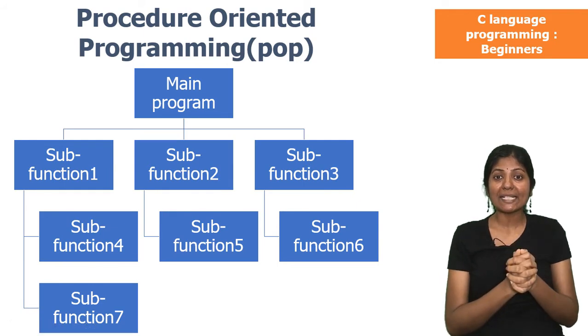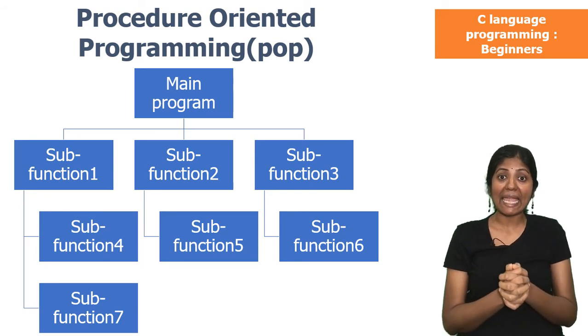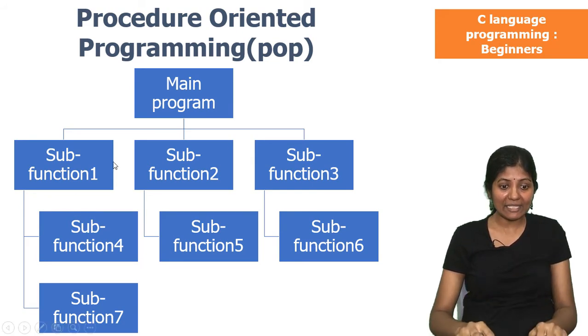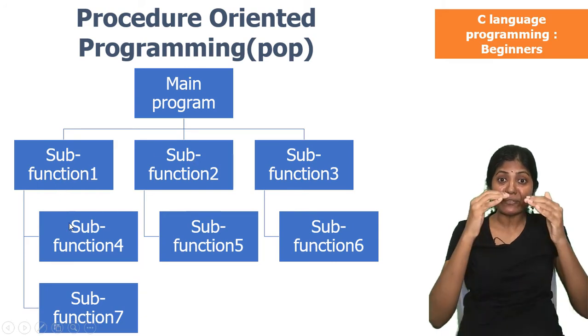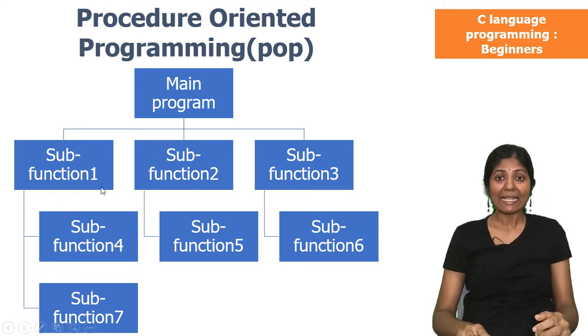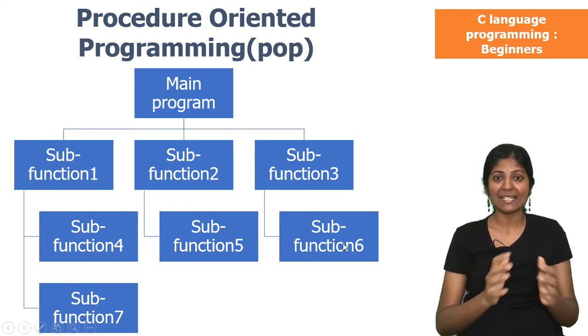Depending on the complexity of the problem we want to solve, we can again divide these subfunctions into further subfunctions. Like let's say we divided subfunction 1 into subfunction 4 and subfunction 7. Similarly, subfunction 5 and subfunction 6.